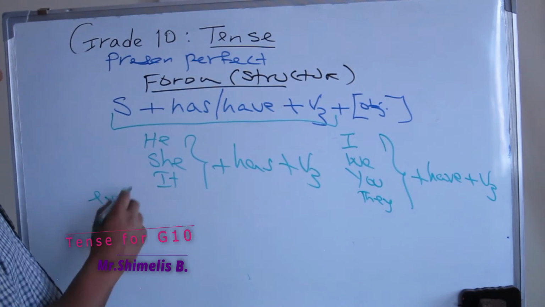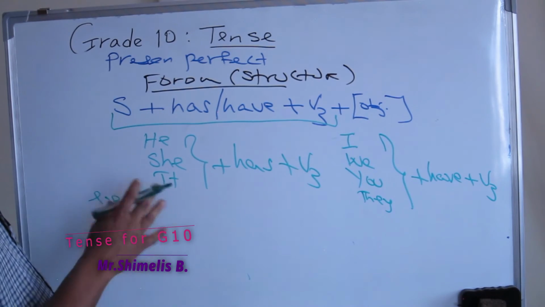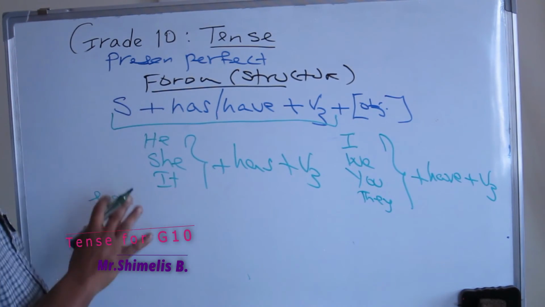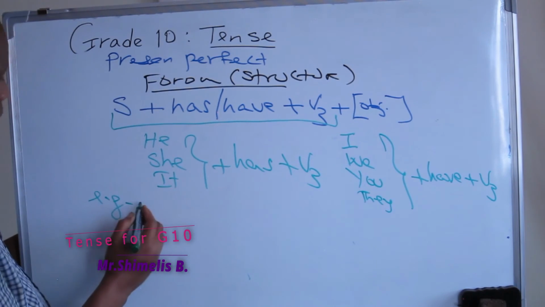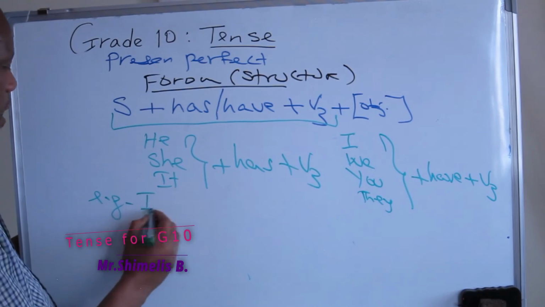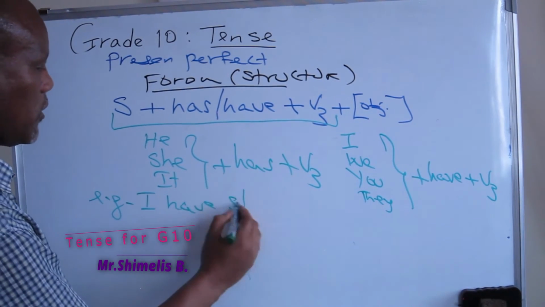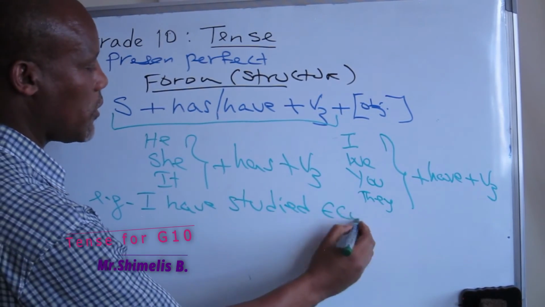Now let's see one or two examples. We have already seen one example, and let me add one or two more and wind up this discussion and go to present perfect continuous tense as the last subtense under present tense. So you might say, I have studied economics.